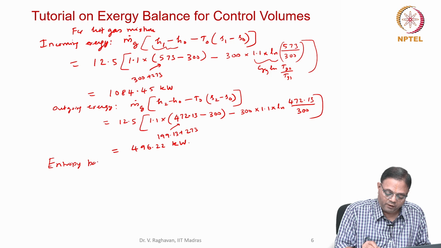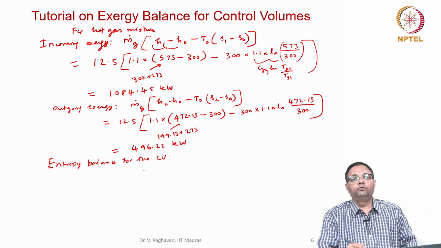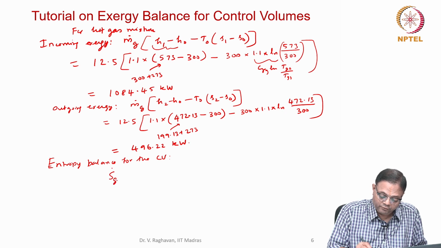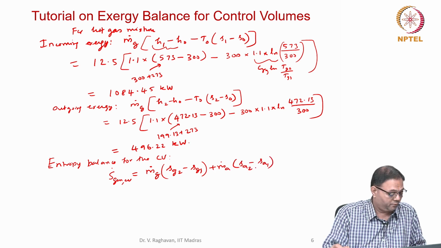Now entropy balance for the control volume, where I can write S gen CV equal to m dot g into Sg2 minus Sg1 plus m dot a into Sa2 minus Sa1.